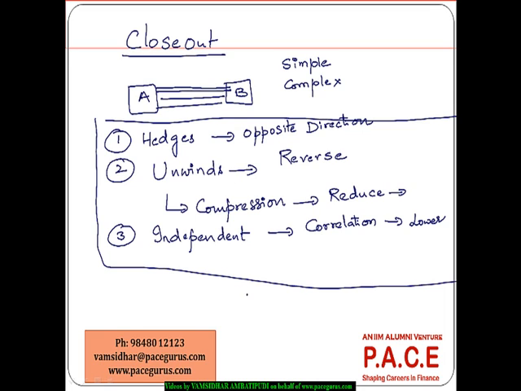But in reality, when we are talking about the loss with respect to a counterparty, we are simply saying if the counterparty is defaulting, the loss is simply the sum of exposure. You add up all the exposures to the counterparty and you simply say it is the sum of the exposure. So it may so happen that trade 1 and trade 2 are simply hedges.